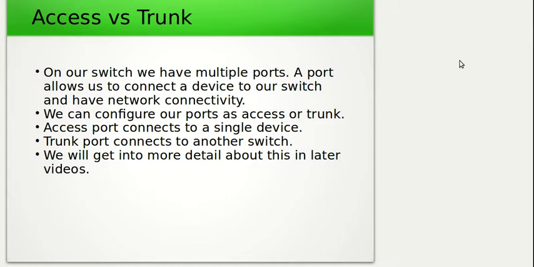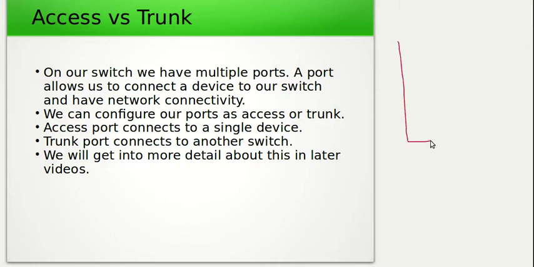So like devices, devices that transmit on the same pin pairs, and devices that don't transmit on the same pin pairs. Normally, when we have a switch-to-switch connection, we would configure the ports on either side of that connection as trunk ports. A trunk port carries traffic for multiple VLANs across a single link, across a single port.